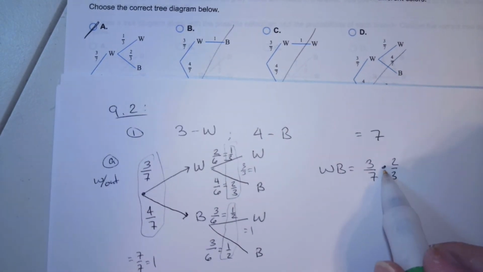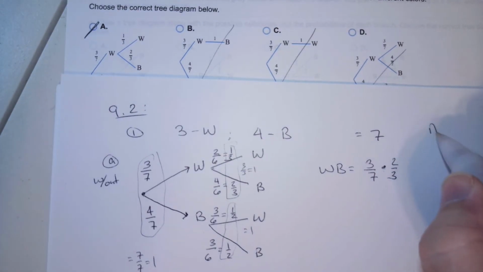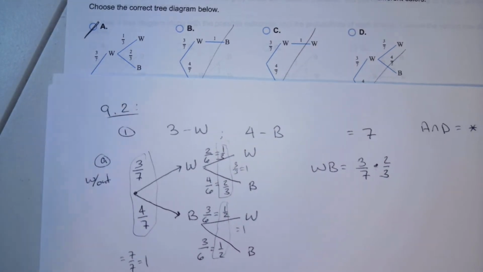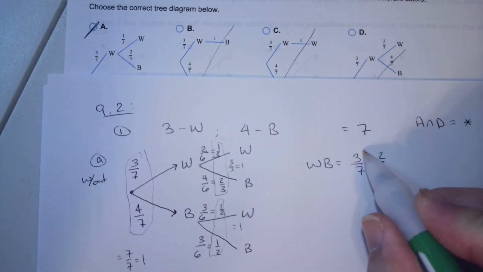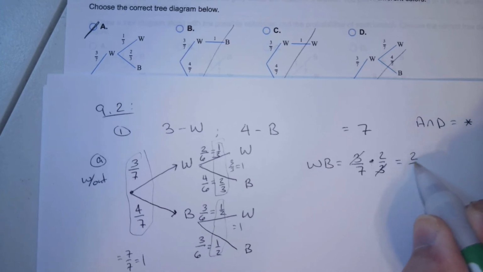Why is it times? Because it's an and. They've got a white ball and a black ball. And means multiply. So before you multiply, simplify. The 3's cancel, and we're left with 2 over 7.